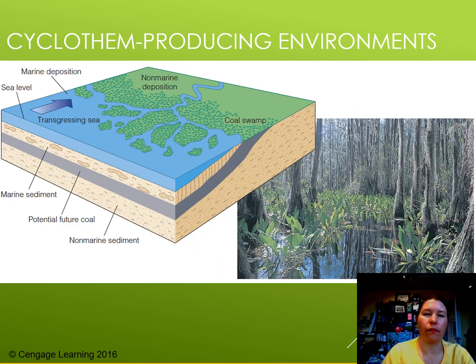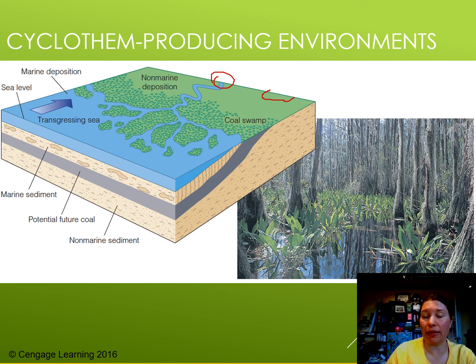Okay. When we're looking at environments that produce cyclothems, here's a good example. This is a reconstruction of a Pennsylvanian coal-forming swamp where we have landward areas. We'll have some erosive stuff going on, not much just on land here, but we also have rivers coursing across the land, depositing some sediment.